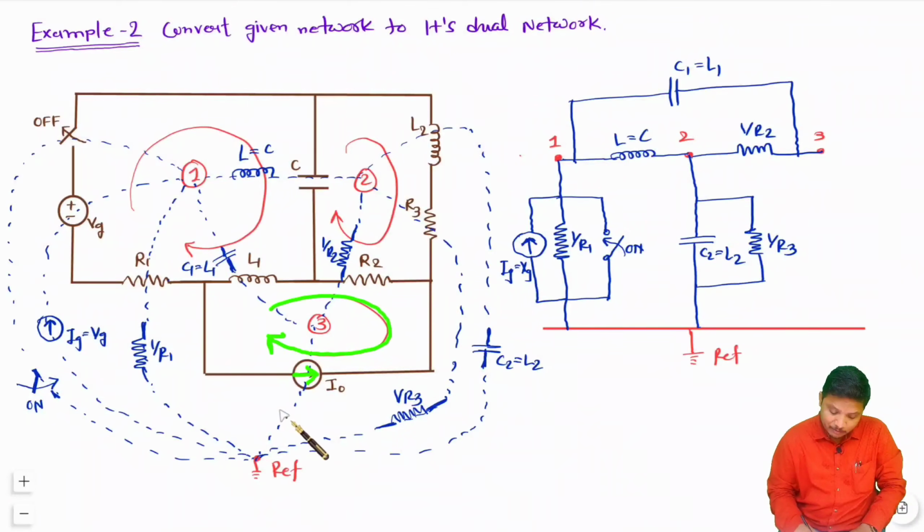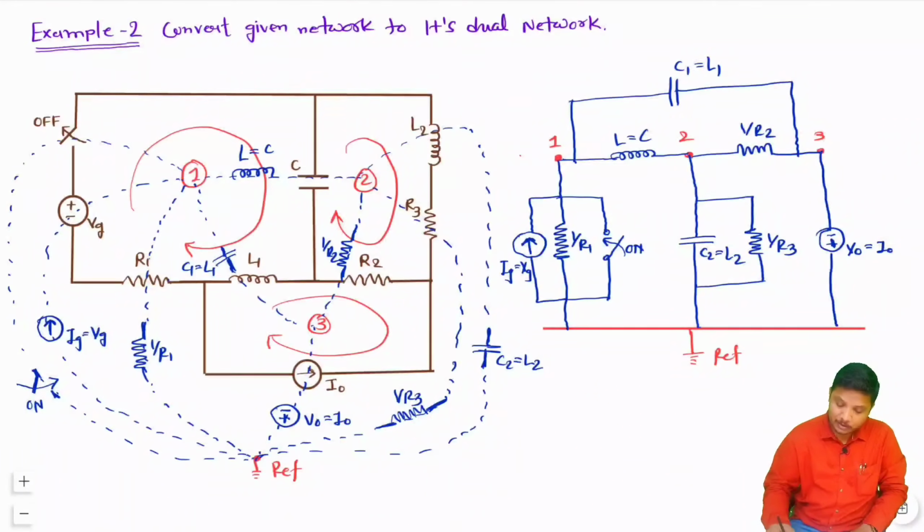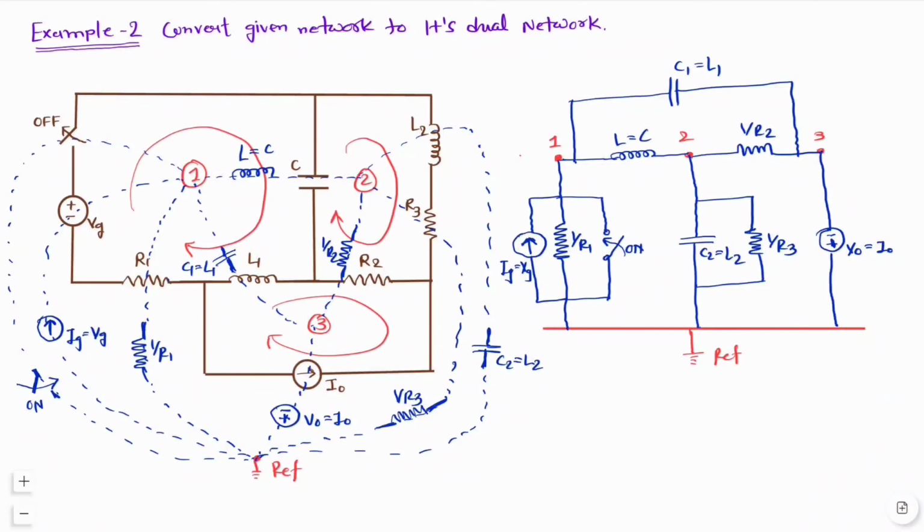So when you connect the voltage source V0, equal to I0, it has a minus-plus connection as the direction is opposite. So between node 3 and reference we have a voltage source V0, equal to the I0 magnitude, with minus-plus polarity. So this is how we have the dual network, you can see over here, right?